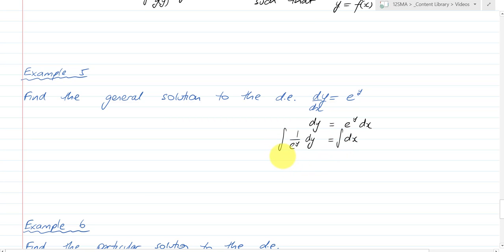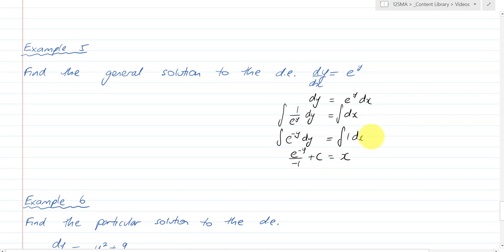It's equal to the integral of e to the negative y dy, and that's equal to the integral of 1 dx, and then we get e to the negative y over negative 1 plus some constant equals x. Or we could put the constant on the x side.